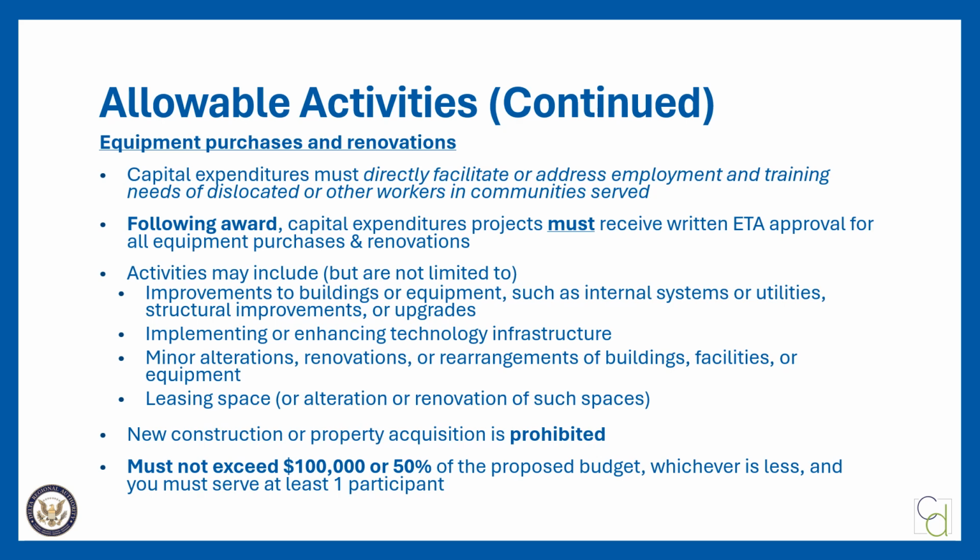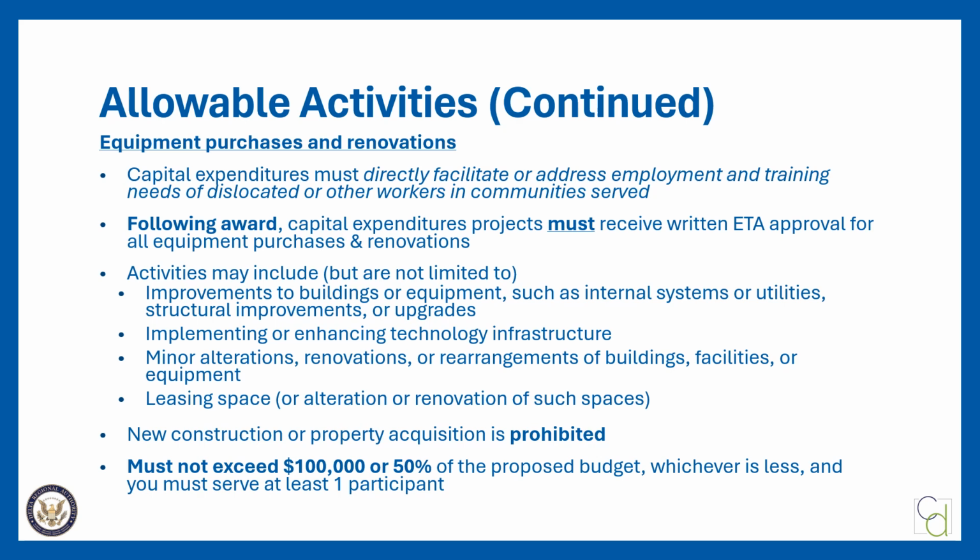and AV equipment. Renting or leasing space to be used for grant participation, education, training, and related activities, as well as altering or renovating such spaces, including renovations related to federal accessibility obligations requiring facilities to be accessible and usable for individuals with disabilities. New construction and property acquisition are not allowed.